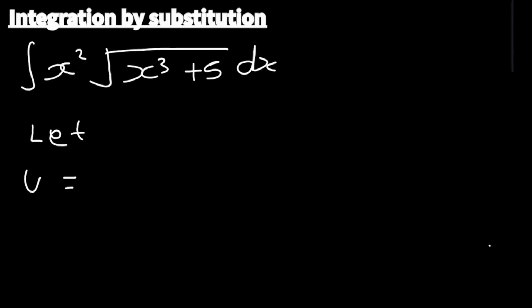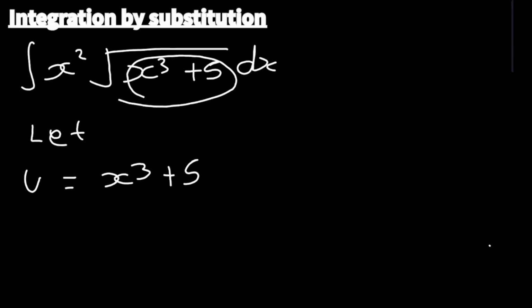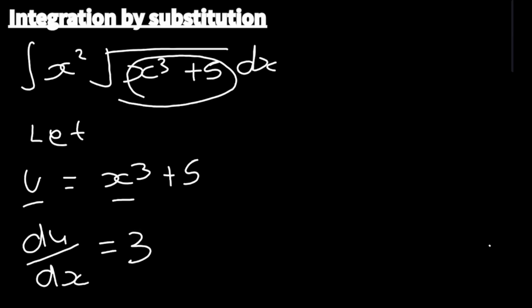In this case, we are taking our u to be x cubic plus 5. The next step will be to find the derivative of u with respect to x. du dx will be 3x squared. The derivative of x cubic is 3x squared, and the derivative of a constant is 0.